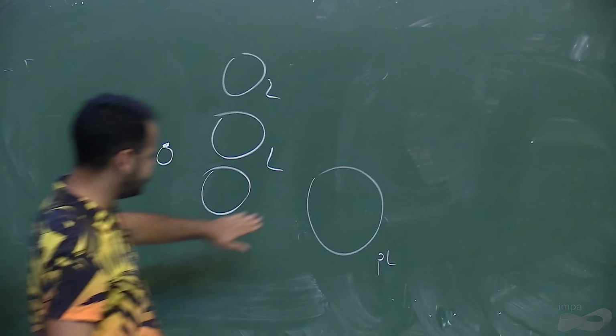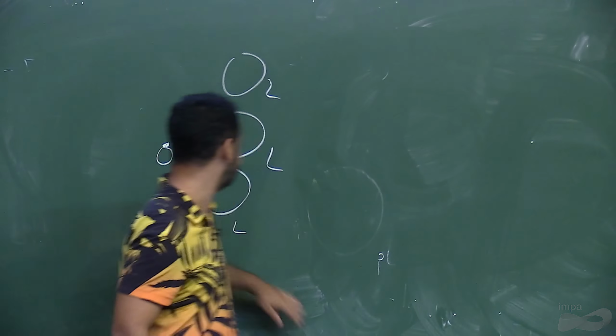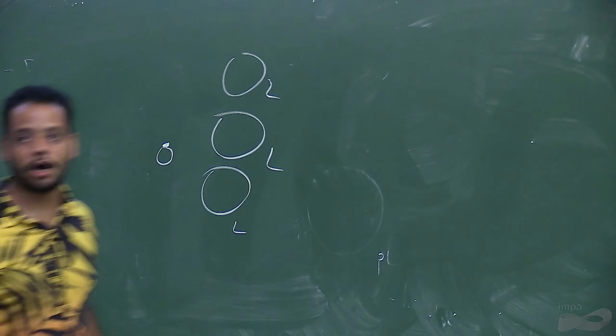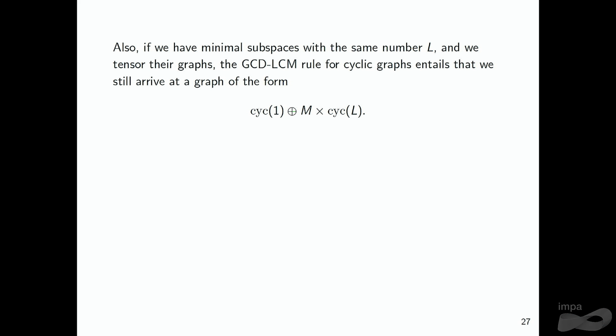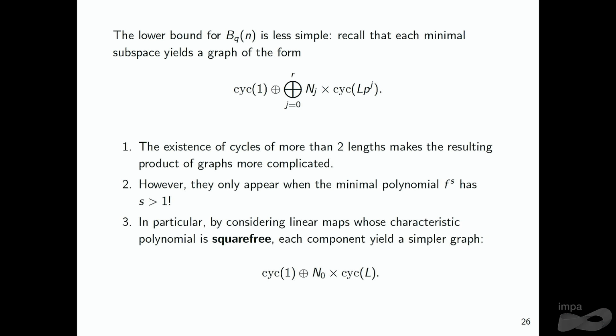So for these maps, I'll just have the loop and then copies of the graph of the same length, right? And now what I do is the following: I break my space into minimal invariant subspaces, all having this property. So the characteristic polynomial will be irreducible for each minimal component.